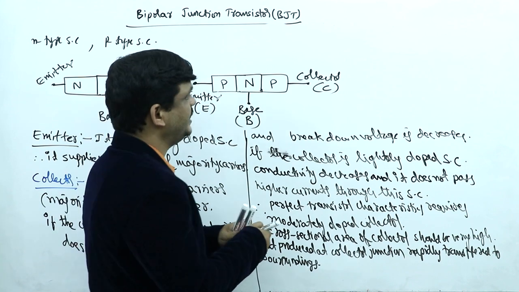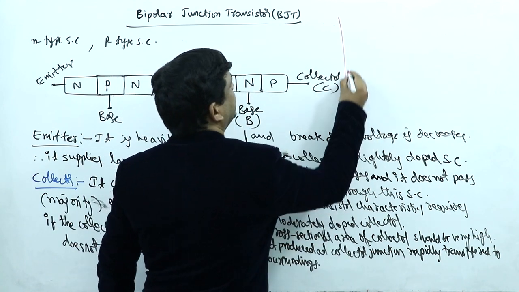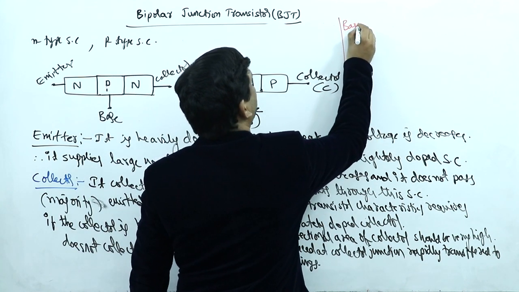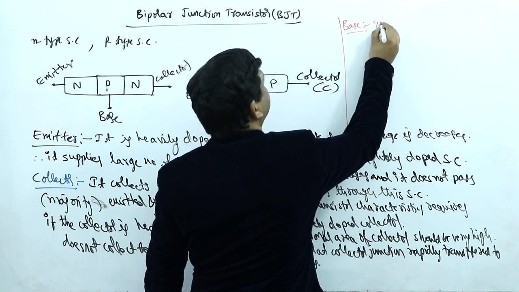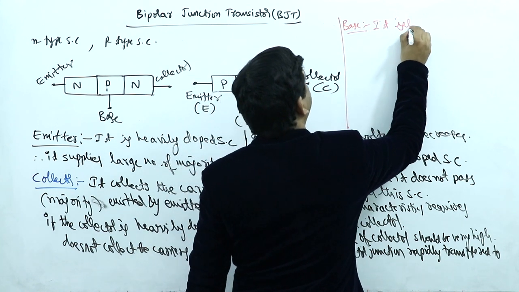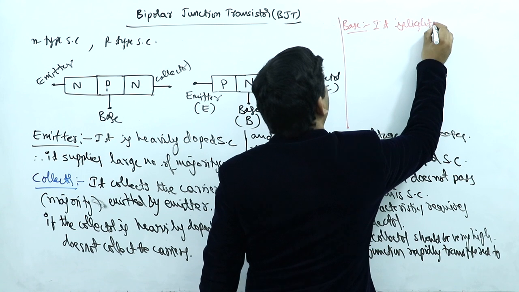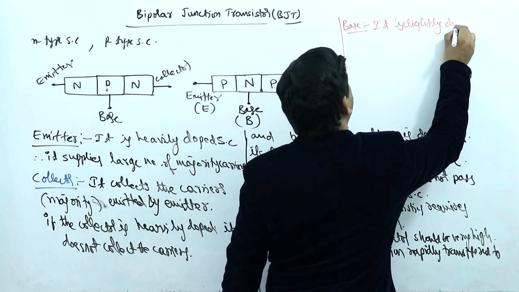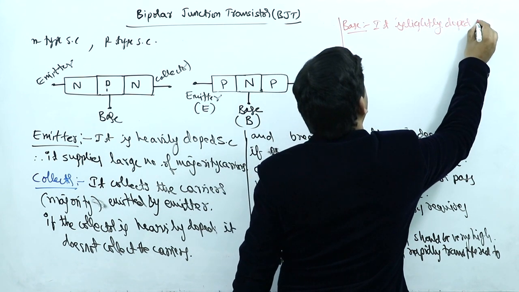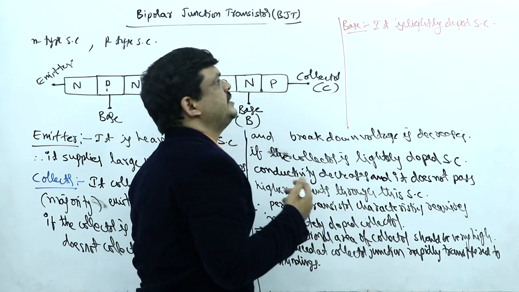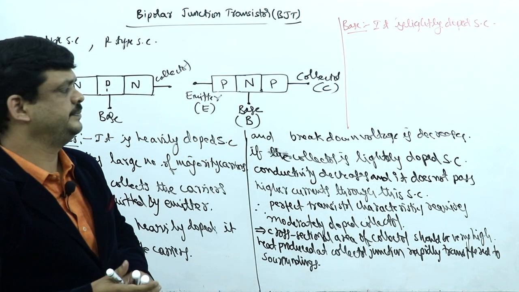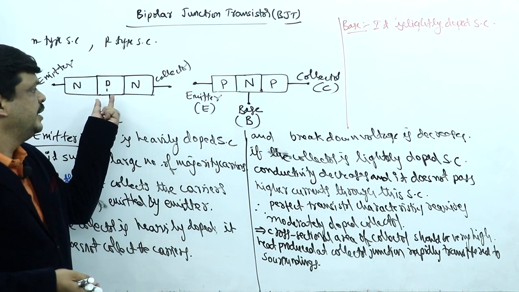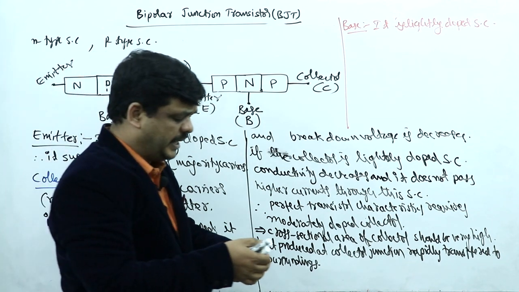And one more region is there, that is the base, right? So the base should be a lightly doped semiconductor, because the base doping level required here is very low, as the base acts as a medium between the emitter and collector.